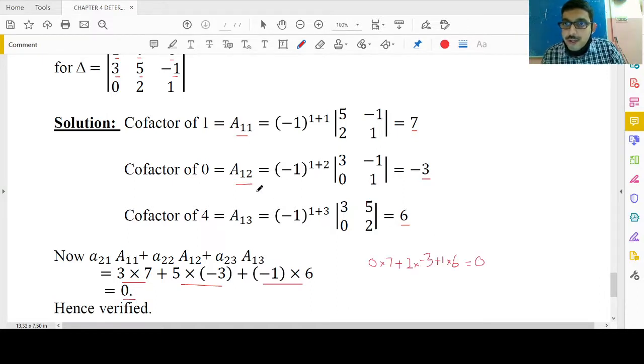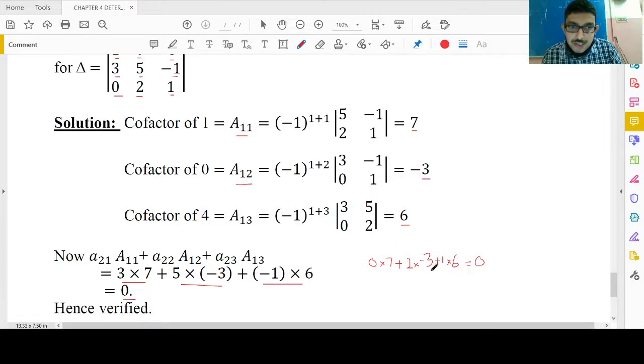So if I multiply elements of third row with cofactors of first row, then also I will be getting it as 0. So here third row elements are 0, 2, 1, and the cofactors are 7, minus 3, 6. So 0 into 7, 2 into minus 3 plus 1 into 6.